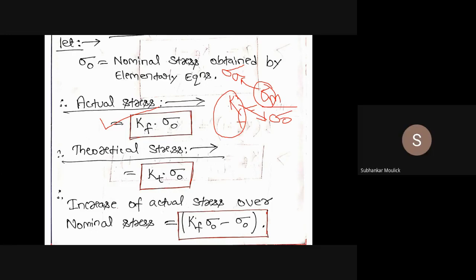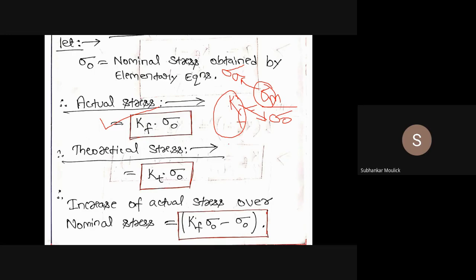We know that fatigue failure of a component arises due to the presence of a discontinuity or a flaw in any material. So if a flaw is there, if discontinuity is present in the material, definitely stress concentration will also take place.